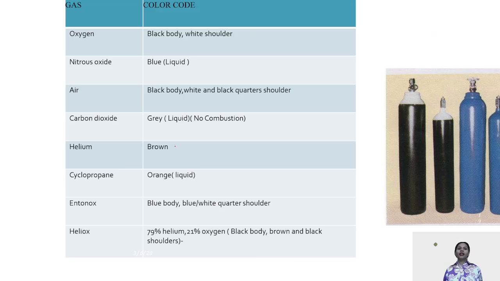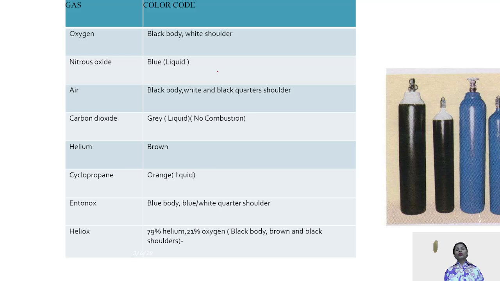Next is, yes, you have to memorize and remember and repeat this, because a number of times in your previous year NEET PGs, these questions have been asked about the color coding of the cylinders, which is the color code for nitrous, which is the color code for oxygen, and now more have been added, like Heliox has been added to it, Entonox has been added, your carbon dioxide has been added to this concept.